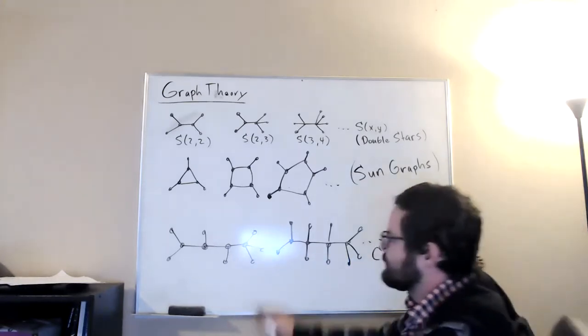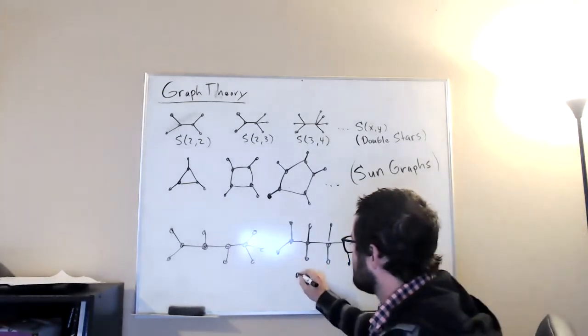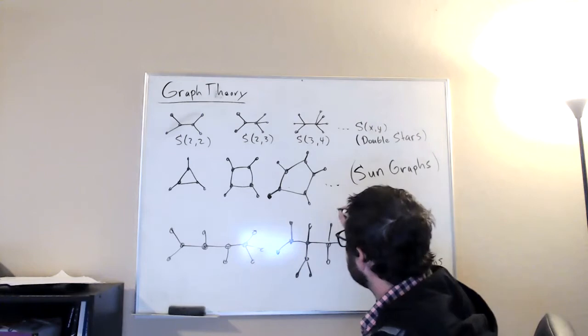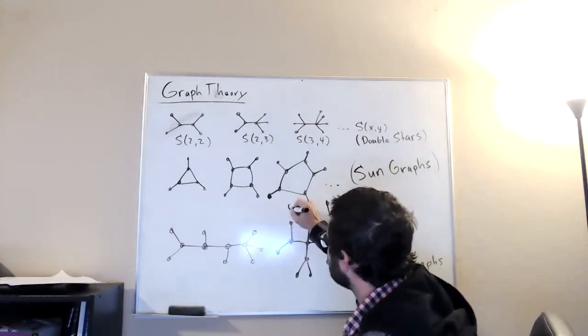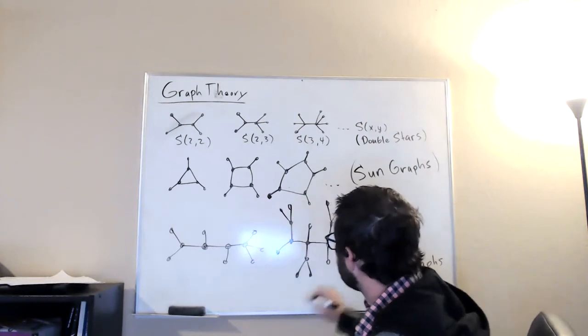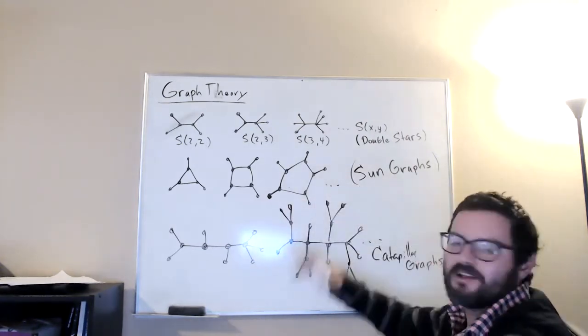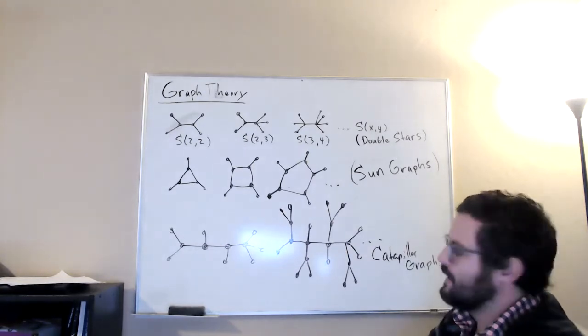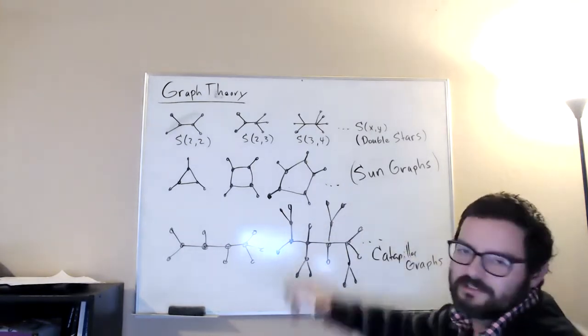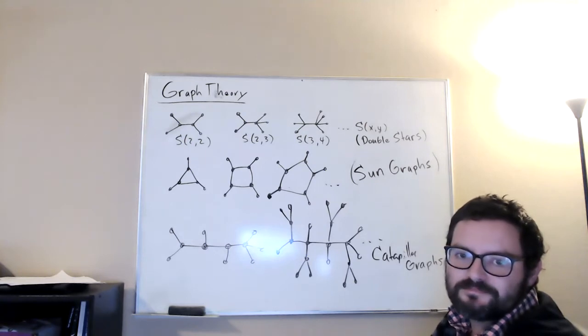If you start with a caterpillar and then you put leaves on the leaves of the caterpillar, what do you think those are called? And you can do that in any number of ways. But what do you think happens when you start with a caterpillar and you put leaves on those leaves? Butterfly.